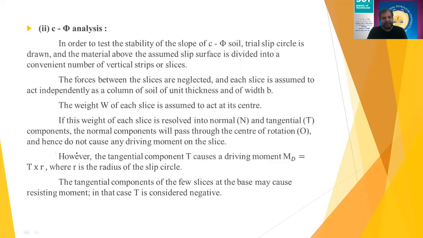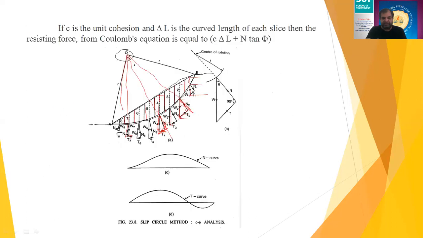So if the weight of this slice is resolved into the normal and tangential components, the normal component will pass through the center of rotation, as we have seen, and it does not cause any driving moment in the slice, as this is going to confine this particular thing. This normal component will actually give the confinement to this particular slope, so it will not contribute to sliding of this particular slope.